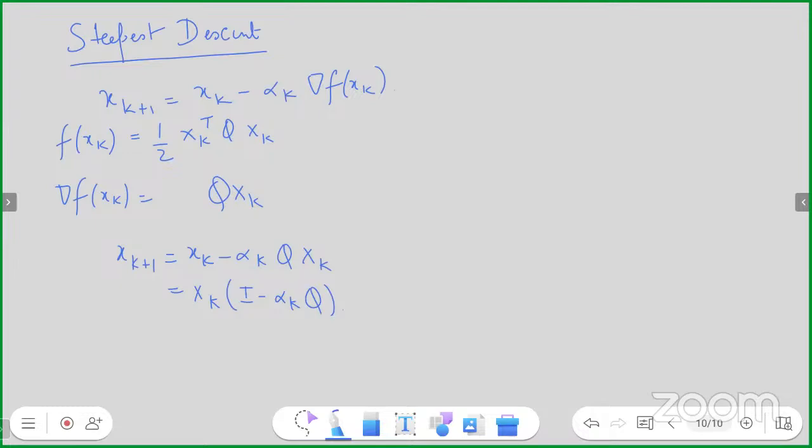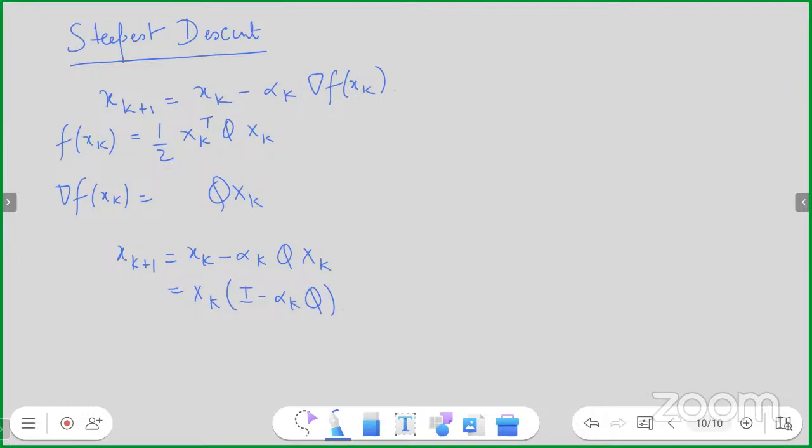And where is x_k converging to? We just look at this problem. What is the optimal solution? Q is positive definite, let's say. You don't have to look anywhere. It's just a trivial answer I'm looking for. 0. Yeah, so x_k is just going to 0.